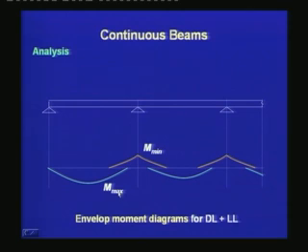We are denoting M max and M min for the maximum values of the positive and negative moments in an algebraic sense. And this is a typical envelope moment diagram for a continuous beam. Note that in certain regions we can have both a positive moment and a negative moment depending upon the loading condition.